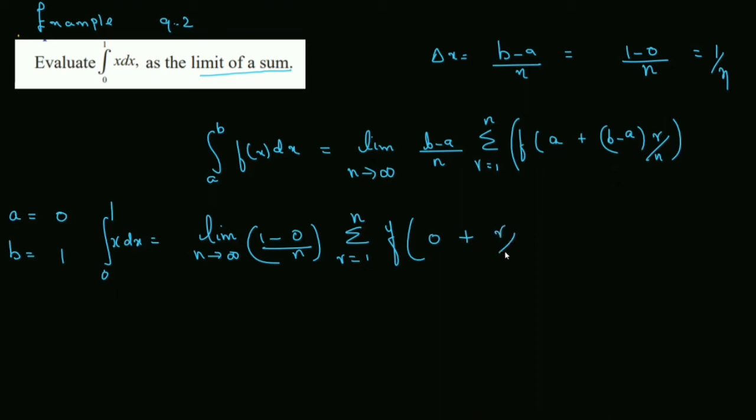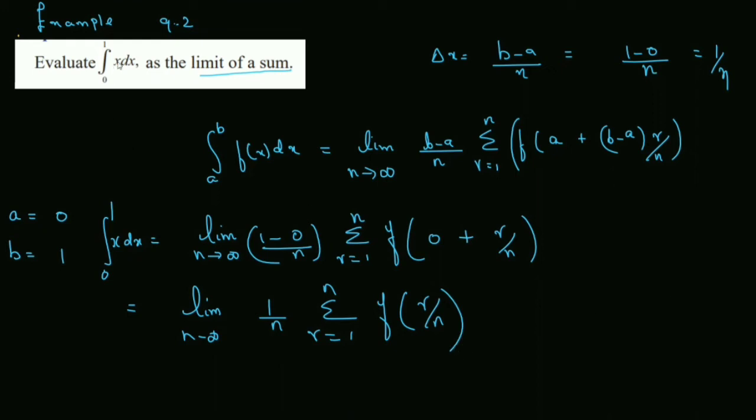So they become r by n. So b minus a by n is 1 by n. Limit n tends to infinity 1 by n, sigma r is from 1 to n, f of r by n.